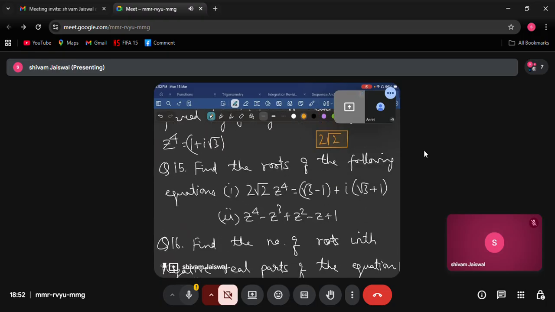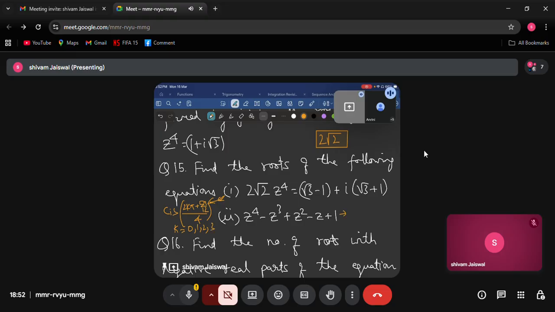Next, 15 part 1. 15 part 1 will be equal to cis (2k pi plus 5 pi by 12) upon 4, for k equal to 0, 1, 2, and 3.